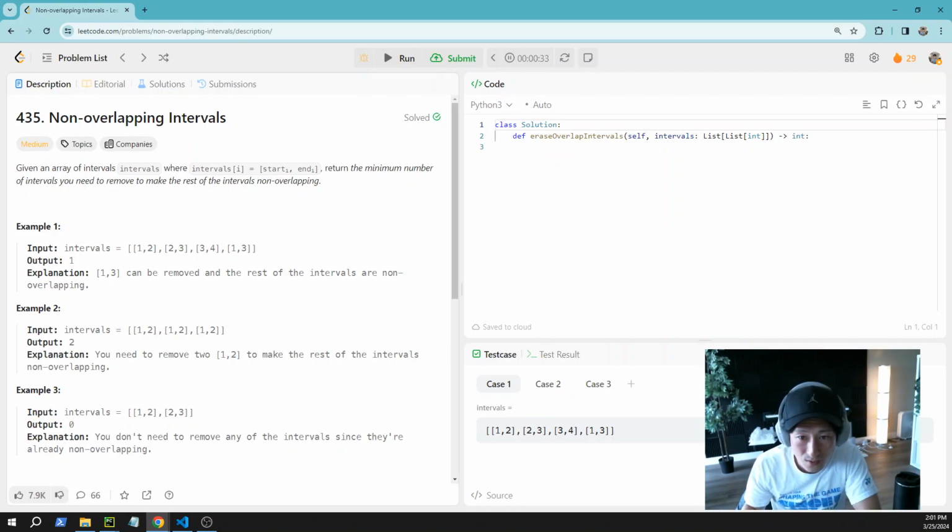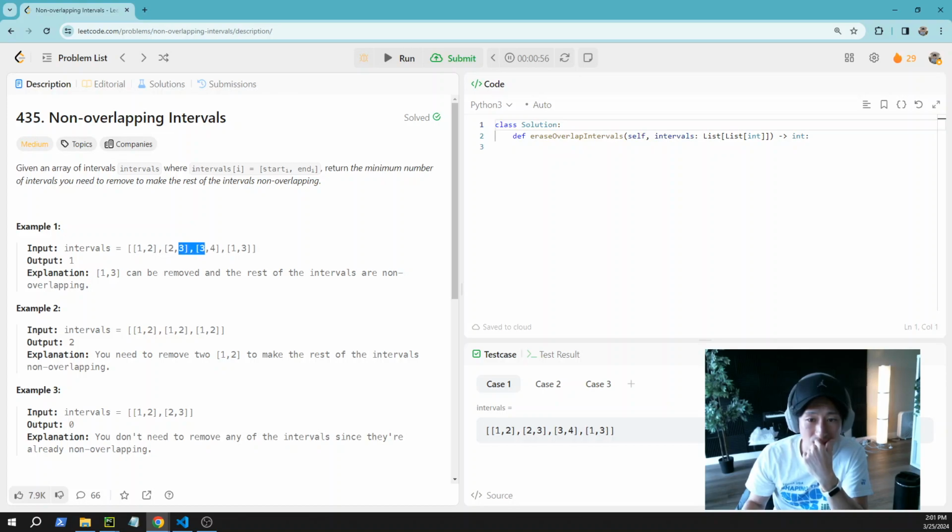So we have [1,2], [2,3], [3,4], [1,3]. And then it says [1,3] can be removed. The rest of the intervals are non-overlapping. Okay, so it says this kind of [1,2], [2,3] situation, they assume non-overlapping.